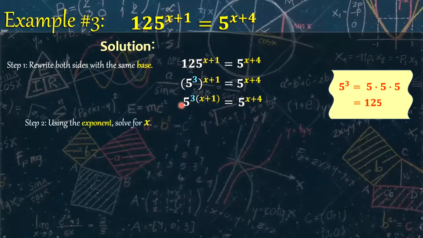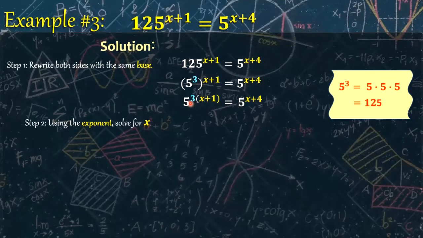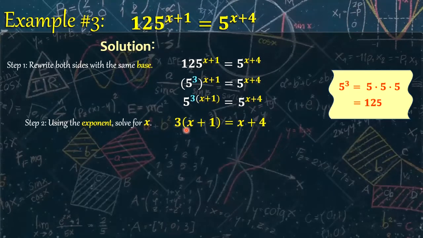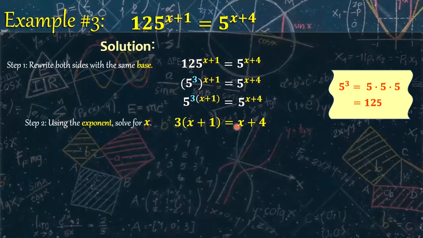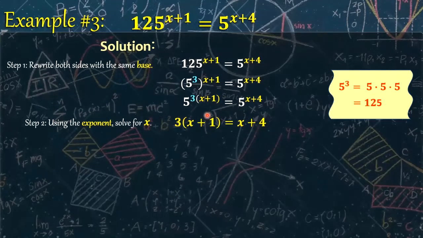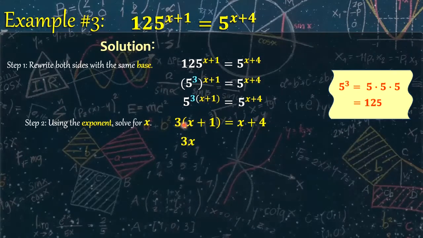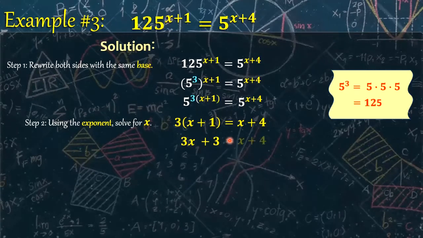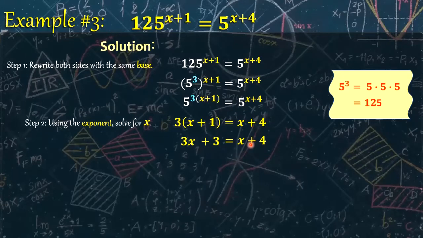Since we now have the same base, step 2, solve for x using the exponent. Retain the exponent, copy the exponent on the left and on the right side. So we have 3 times x plus 1 equals x plus 4. To distribute 3 to this binomial, we have 3 times x is 3x, 3 times 1 is positive 3, equals, copy the expression on the right side.